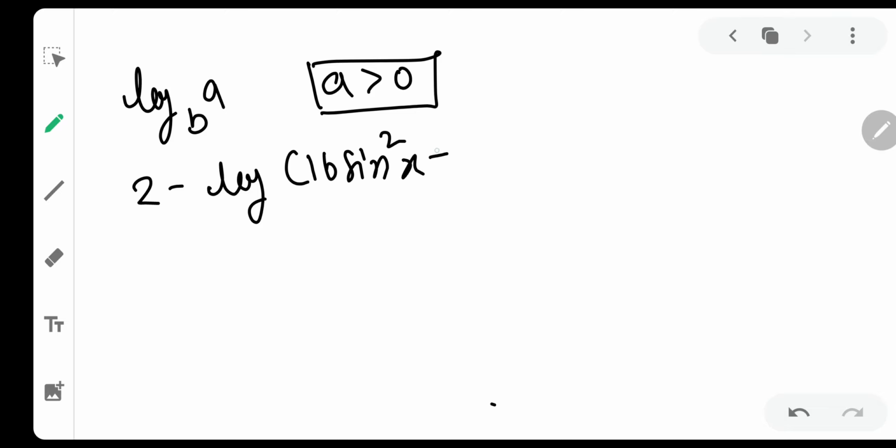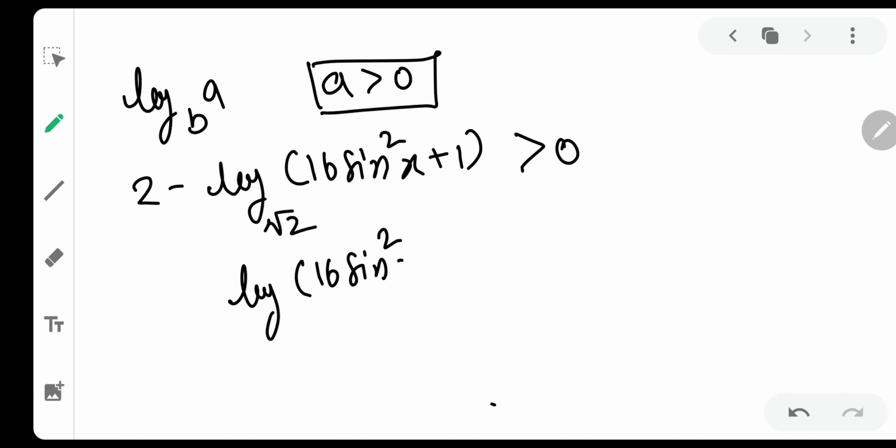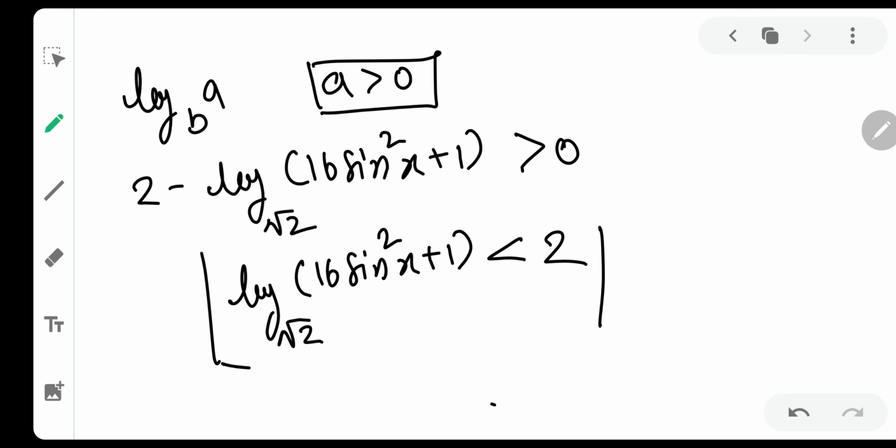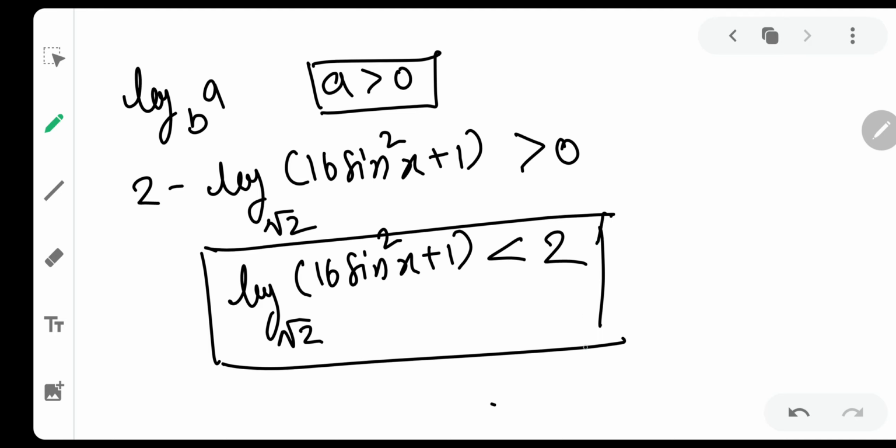So let us write down that 2 minus log of 16 sin²x + 1 to the base root 2 has to be greater than 0. Now it means this log of 16 sin²x + 1 to the base root 2 has to be lesser than 2. This is very important. This part you need to understand.